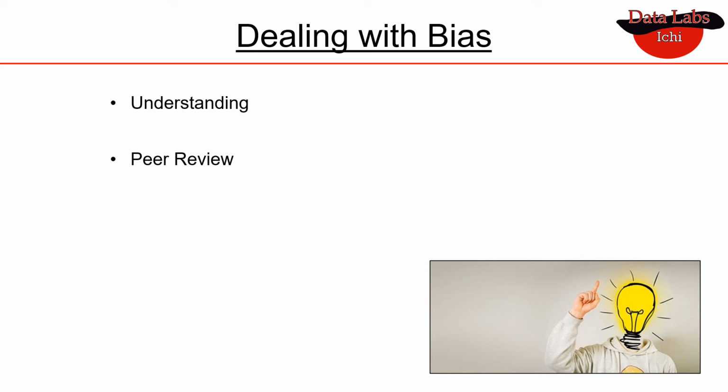Now, in the scientific community, once you do your experiment, it is expected that you send your results to a peer or group of peers, because it is now on your peers to run similar experiments to see if they come up with the same results.